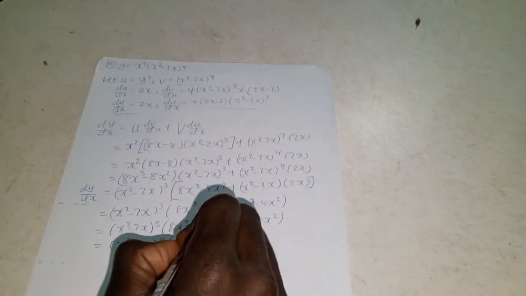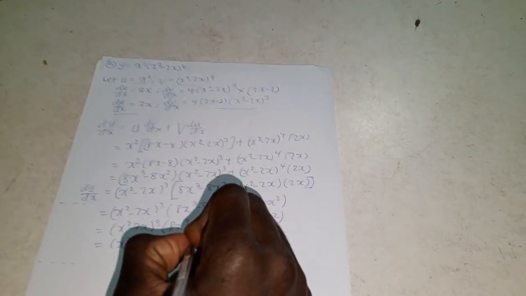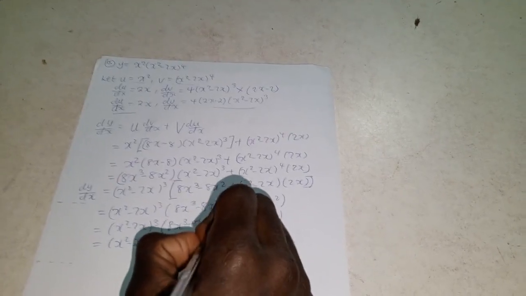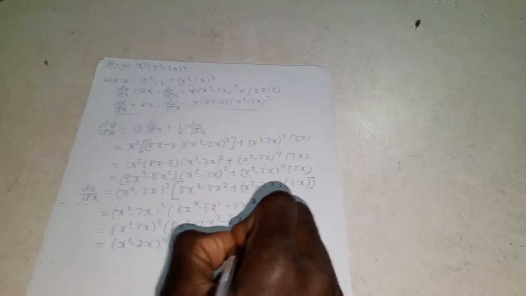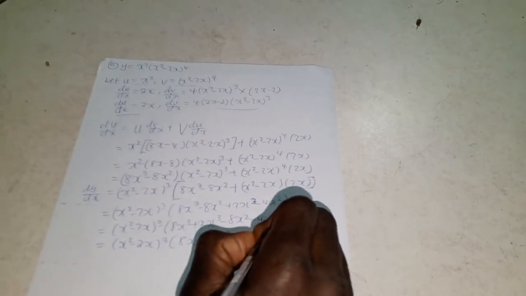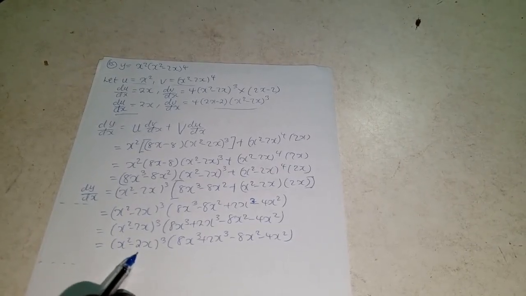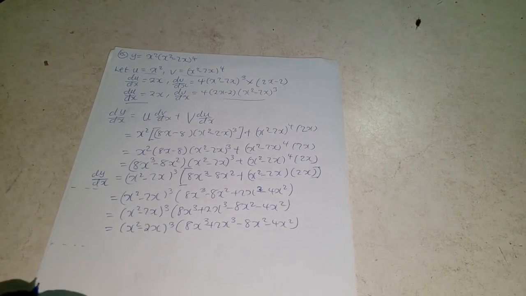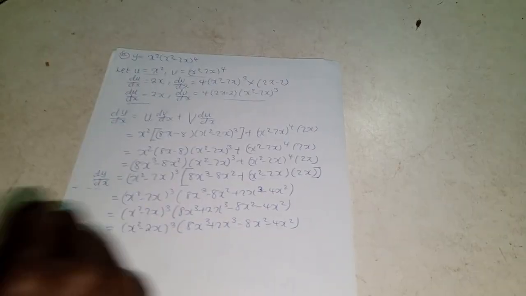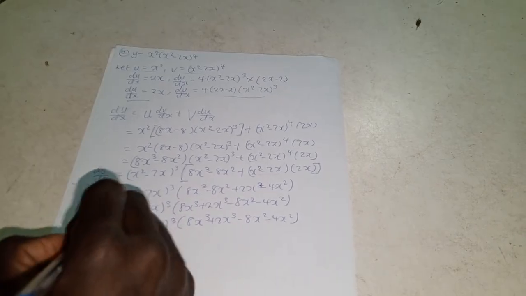That's equal to x squared minus 2x raised to the power 3 multiplied by 8x cubed plus 2x cubed minus 8x squared minus 4x squared. I haven't changed anything, I'm just writing what I wrote here so that you can see it clearly.